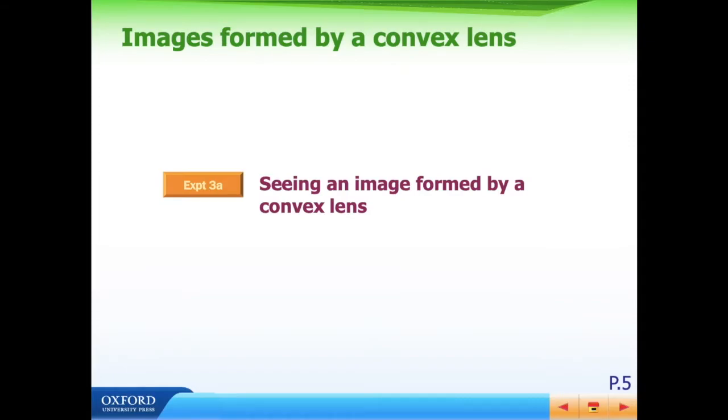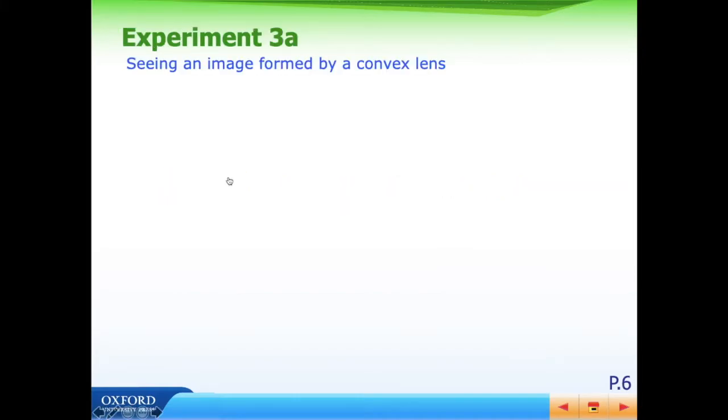To start with our discussion on images formed by a convex lens, let us have first this experimental setup entitled Seeing an Image Formed by a Convex Lens. Here, we are going to look into the different characteristics or nature of the image formed by a convex lens. You can do this in the laboratory by following the procedures presented in this presentation.